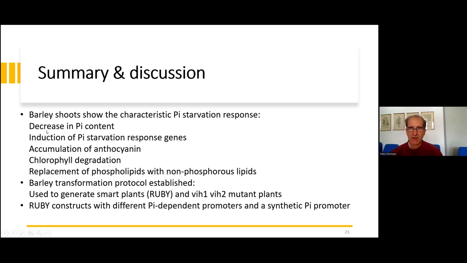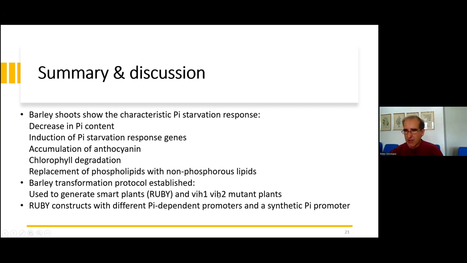We can show that we see a decrease in orthophosphate, induction of phosphate starvation response genes, the typical accumulation of anthocyanin, chlorophyll degradation, replacement of phospholipids with non-phosphorus lipids, with glycolipids. We've established the barley transformation protocol and used it to generate the first ruby plants. The first one was the constitutive promoter, the others are underway.